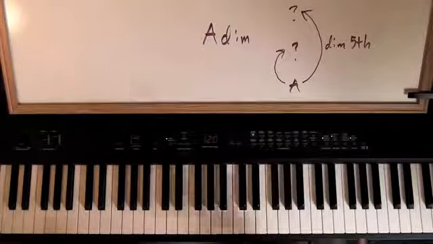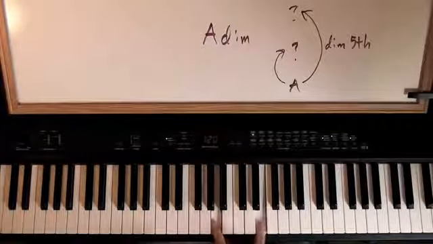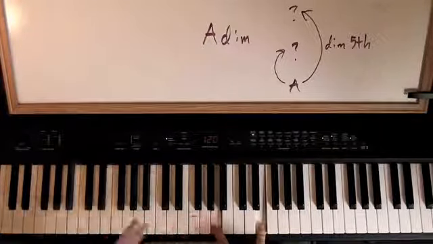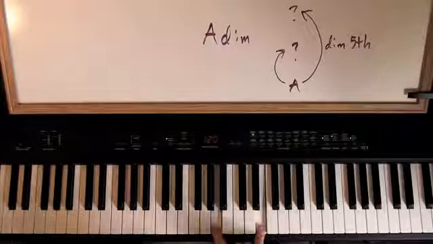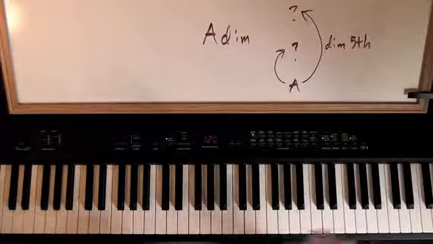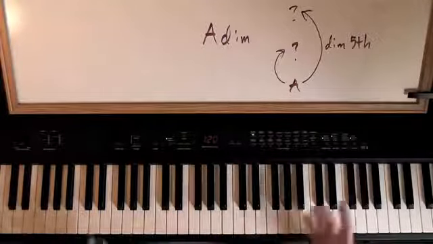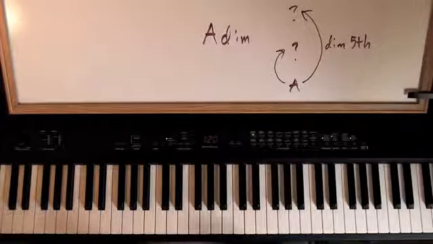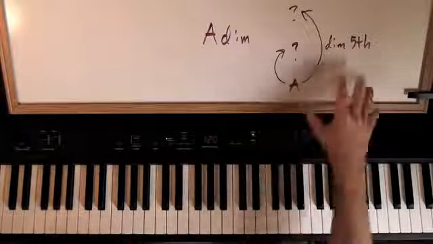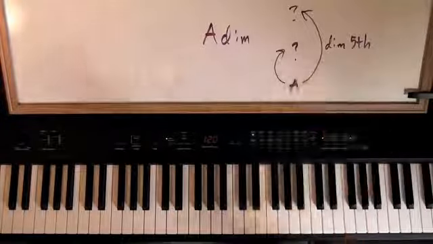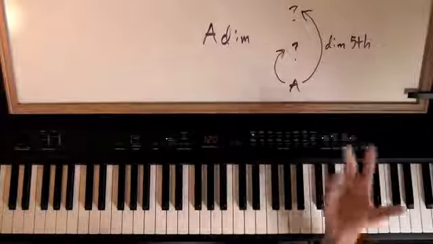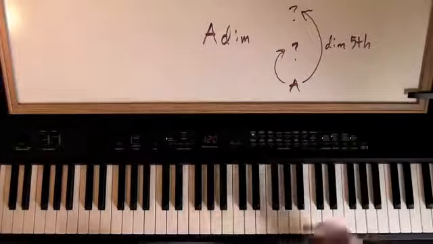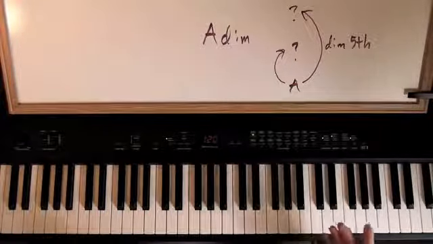So the fifth is almost always going to be what's called a perfect interval. It's usually that right there. But the other ones, like the third, you're going to have major thirds and minor thirds all the time. Those are constantly being shifted around. So think of that as something that's going to change a lot. This doesn't change much. So you just think of it as having this one version, this perfect fifth. And every now and then you get these altered fifths, but they're a little bit less usual.